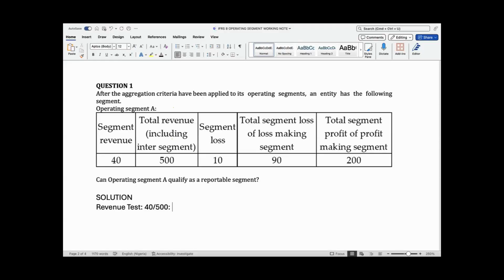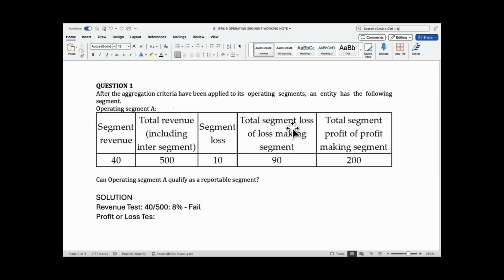What's 40 divided by 500? That's 8%. So for this one, fail. We'll check, they didn't give us the assets yet. Let's do profit or loss tests.